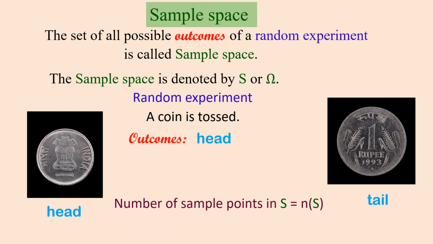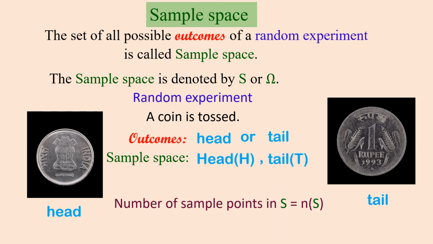So the outcomes become head or tail, and that's why we write the sample space as head, comma, tail. I have written this in a simple form. It should be written in the set form. So S = {H, T}. Clear? Let's move further.